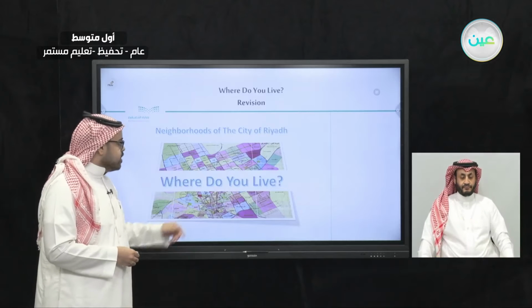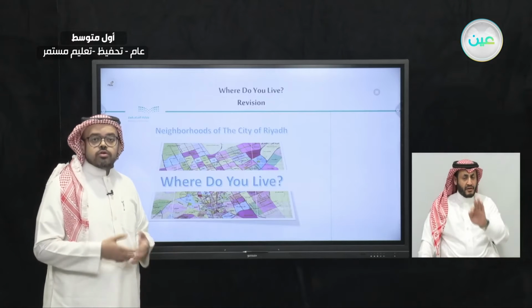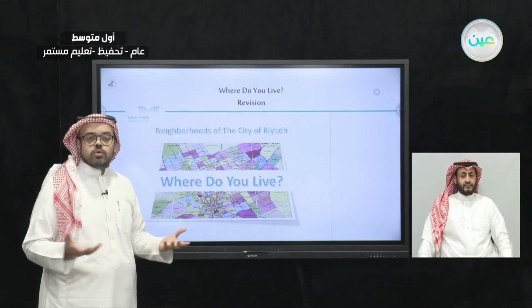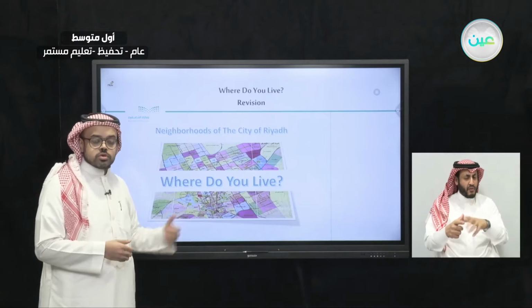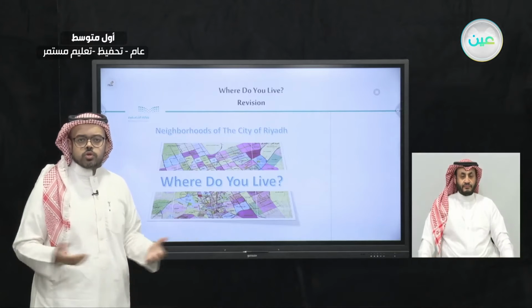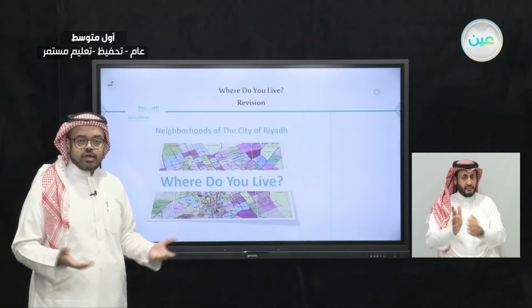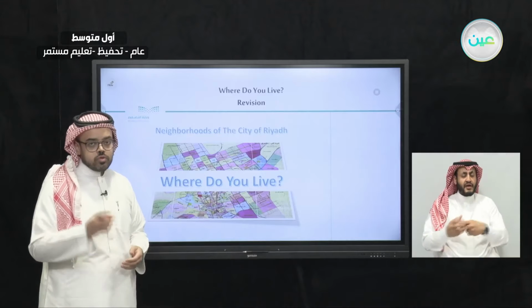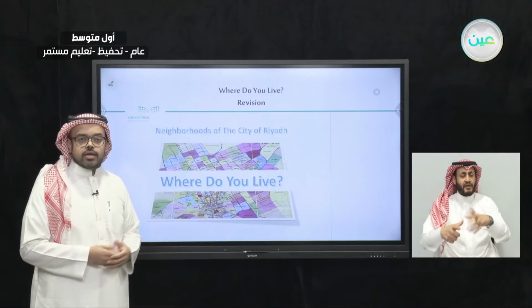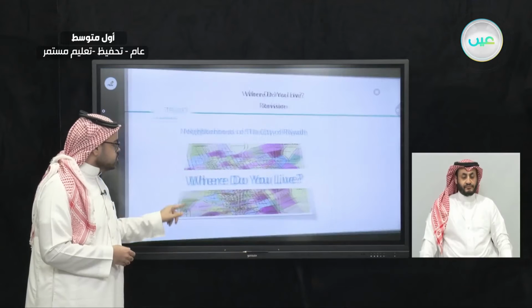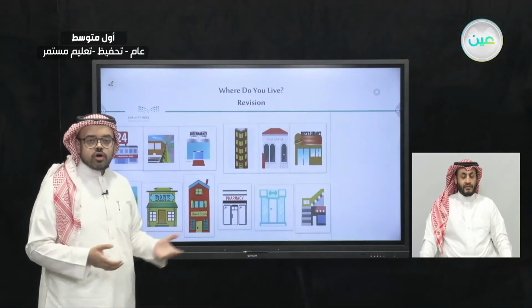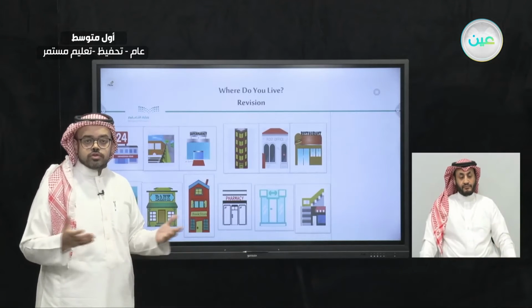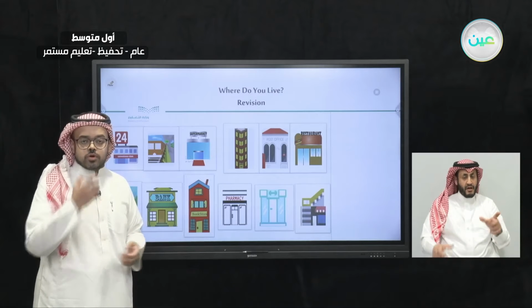And we also said now we can learn to say where we live. This is the most important question in this unit. Where do you live? Now you can say I live, and you choose your neighborhood because you now know what we mean by neighborhood. And we also have been introduced to different names of different places.